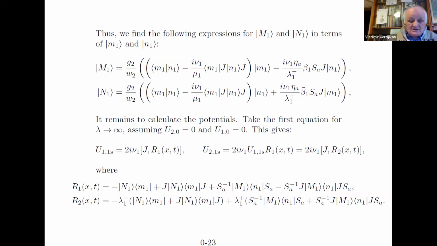So finally, our answer is the following. Capital M1 is this function that we mentioned above, some factor multiplying m1 and another factor multiplying Jn1. Capital N1 is the same function, some factor multiplying small n1 and another factor multiplying small m1.